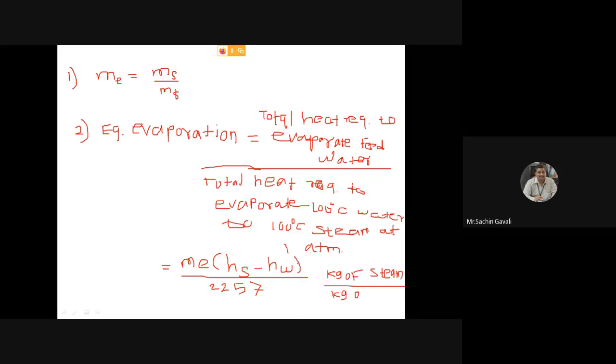Because this is kilojoule per kg and this is kilojoule per kg, the units get cancelled. Only the ME unit remains: kg of steam divided by kg of fuel. So this is the unit of equivalent evaporation.